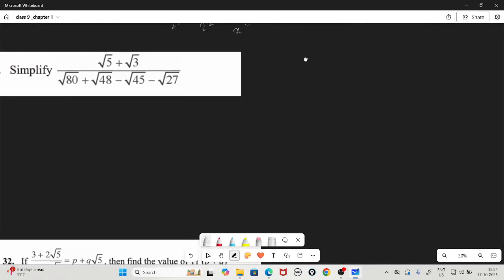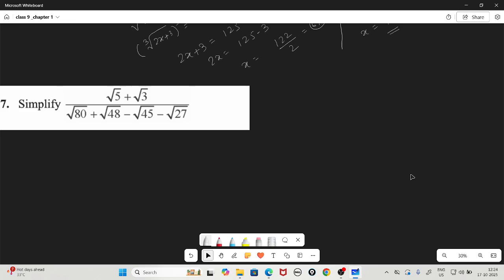Now let us take this type of problem: root 5 plus root 3 upon root 80 plus root 48 minus root 45 minus root 27. I am just giving a hint on how to solve this problem. I would like everybody to solve this problem on your own. If you find any problem in solving this, just comment so that I can come with the solution.